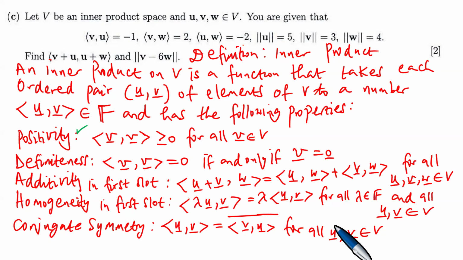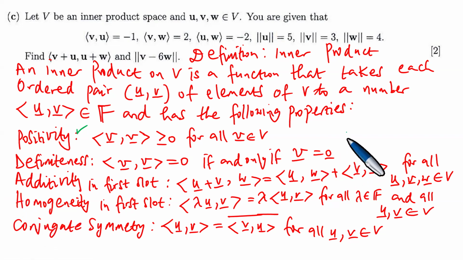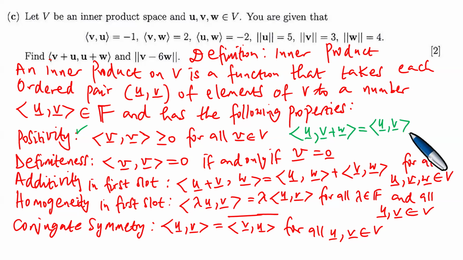As a deduction, from this additivity in the first slot property, what about the inner product of U with V plus W? It's going to be the inner product of U and V plus the inner product of U and W. Well done.